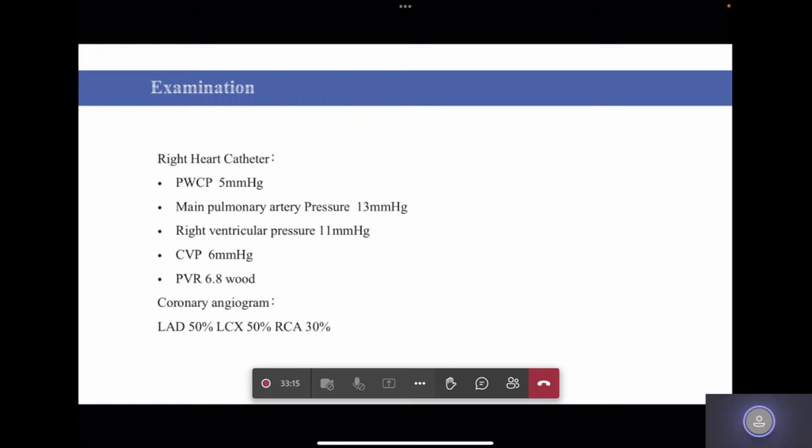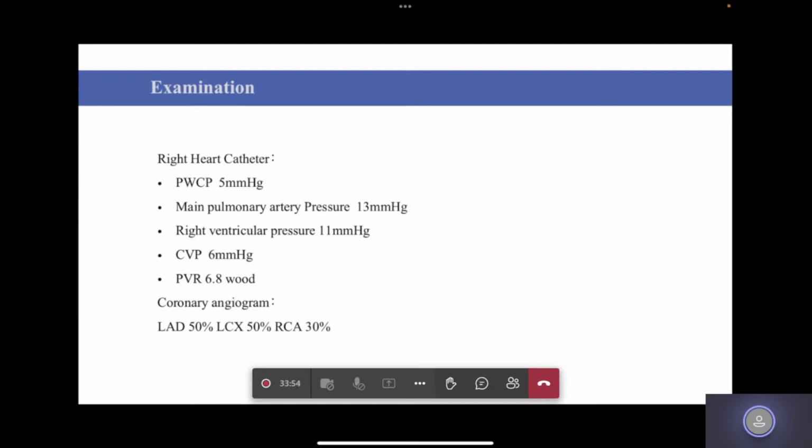The pulmonary capillary wedge pressure is 5 millimeters of mercury, and the right ventricular pressure is 11, and the CVP is 6 millimeters of mercury, and the PVR, which stands for pulmonary vascular resistance, is 6.8 Wood units, which is an acceptable resistance for the whole surgery.